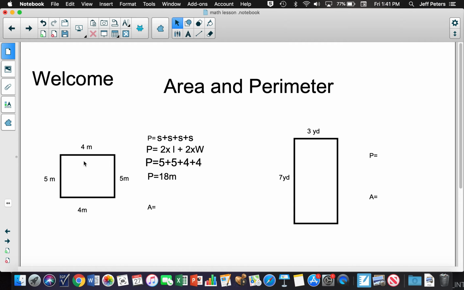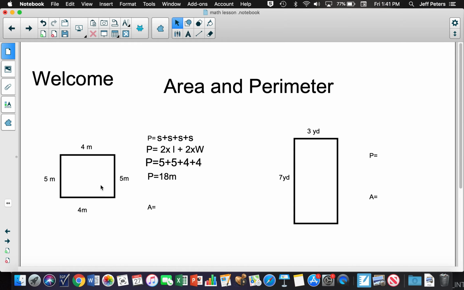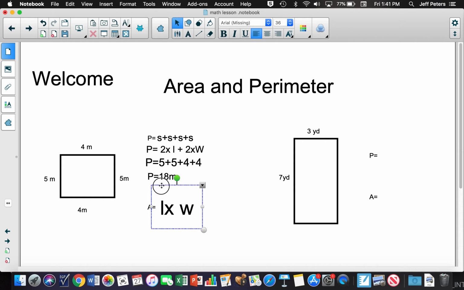So again, area is the inside of the figure. So if I was putting down carpeting or tile in my house, I would need the area, the square area of my floor in my house. So we know that the formula from last week is length times width. So area equals length times width.